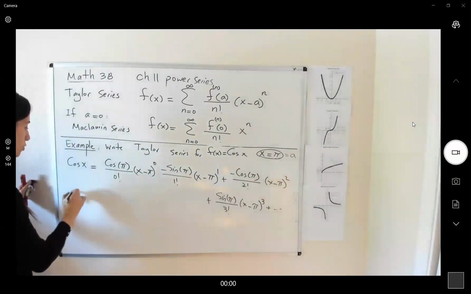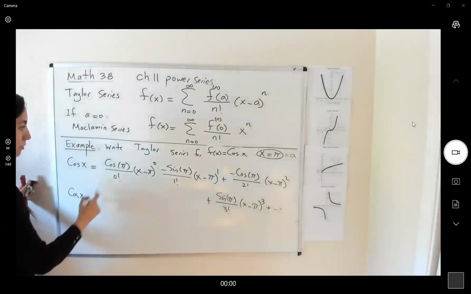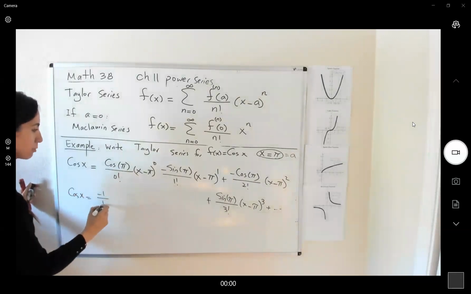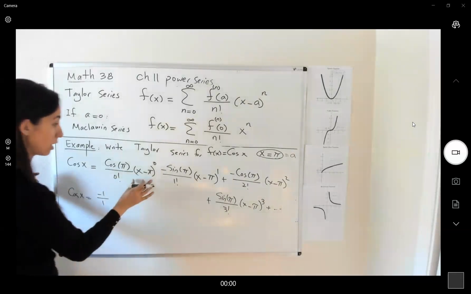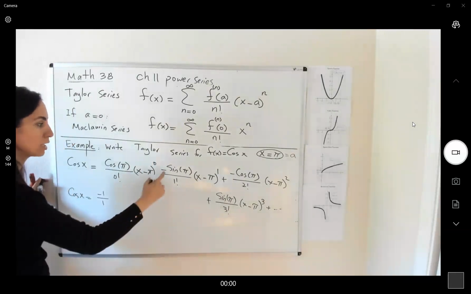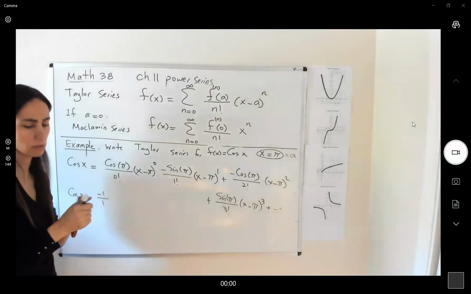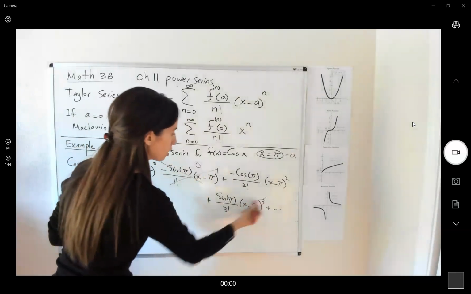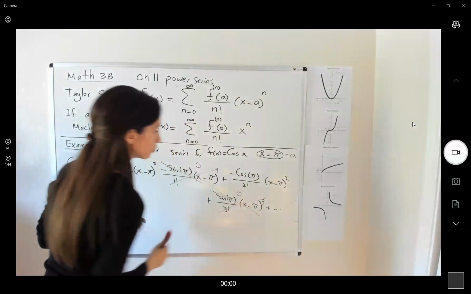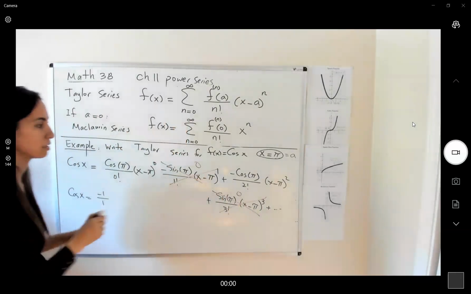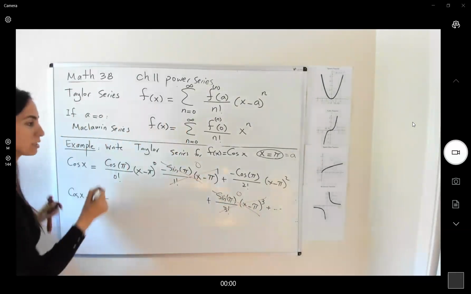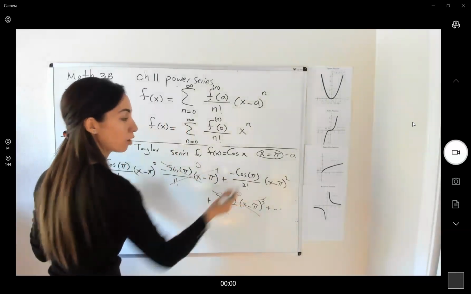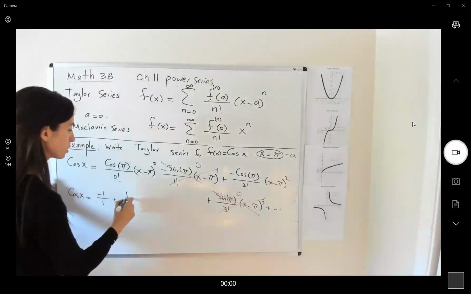So this is equal to cosine pi is equal to negative 1 divided by 1, and this is 0. This is raised to 0, which is 1. Then you get negative cosine pi. Sine pi is equal to 0, so you can get rid of this term. Then another term that we have is plus negative cosine pi, negative 1 gives you positive 1.